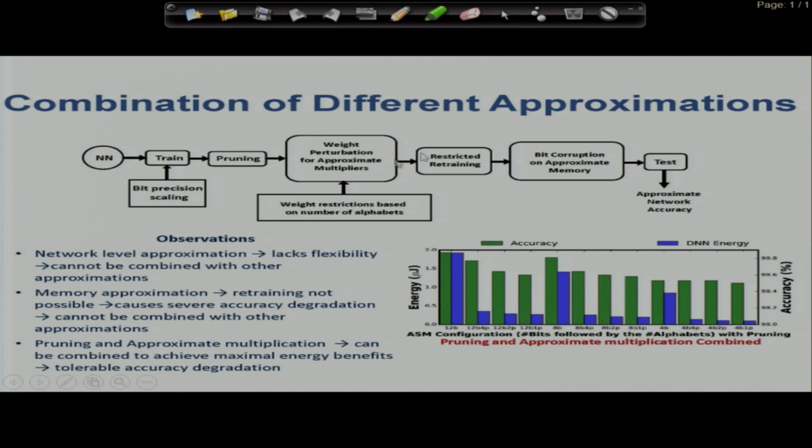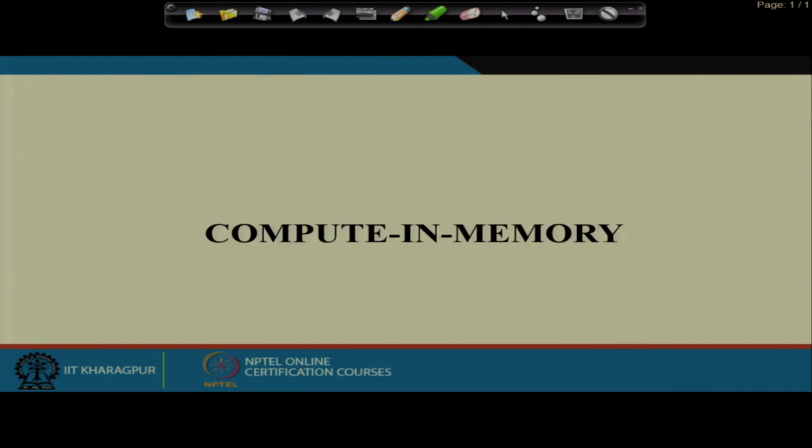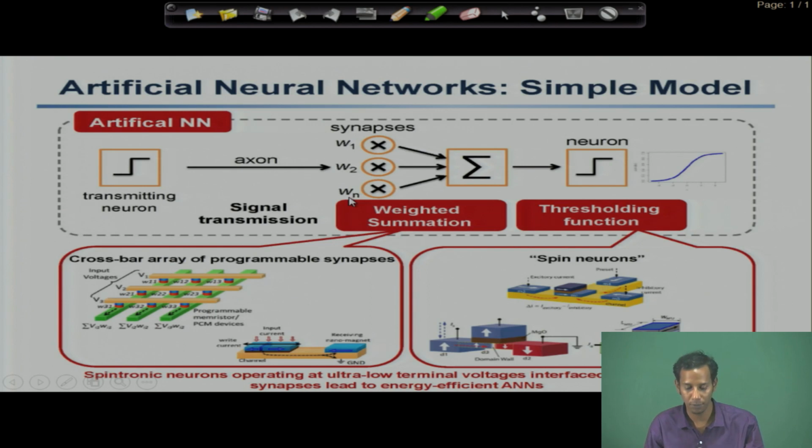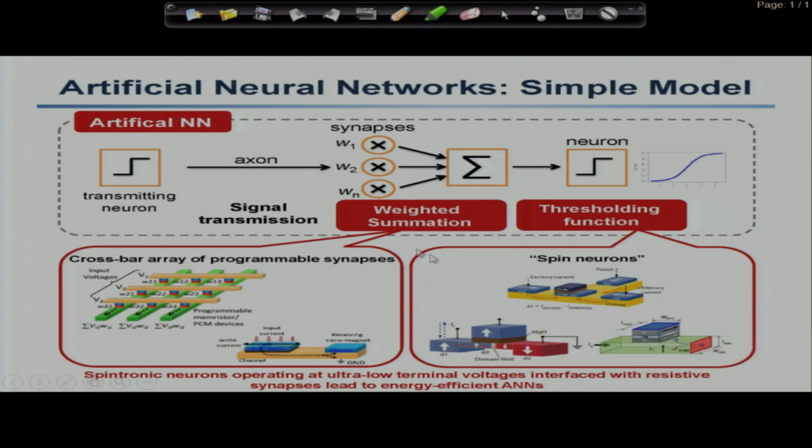Whenever we use this approximate hardware, at that time the accuracy has to be compromised, but the DNN energy is significantly reduced if we use this approximate hardware for artificial intelligence. Then the other option is in-memory computing; people are trying to do this, and spintronic devices are being developed.